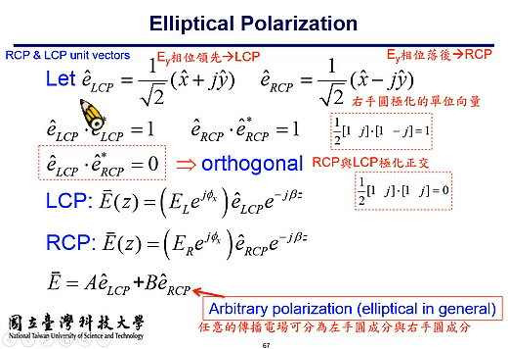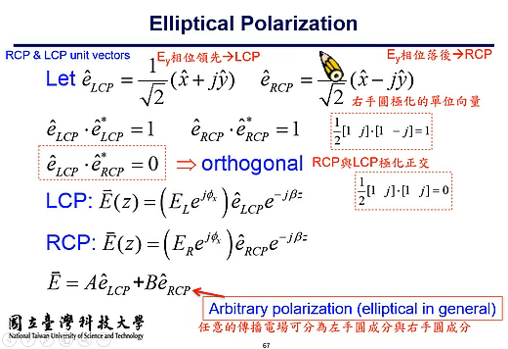So on the very top, you see the unit vector for left-hand circular polarization can be defined as 1 over square root of 2 times X plus jY. X hat and Y hat are unit vectors in the X and Y directions. And right-hand circular polarization can be defined this way. Here the EY phase lags behind the EX term.